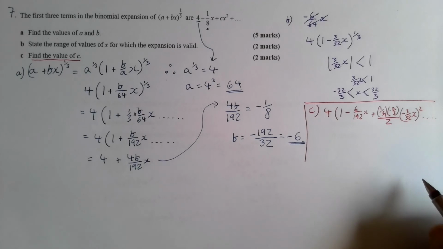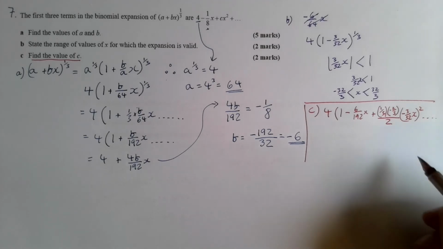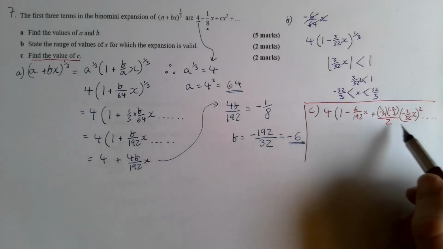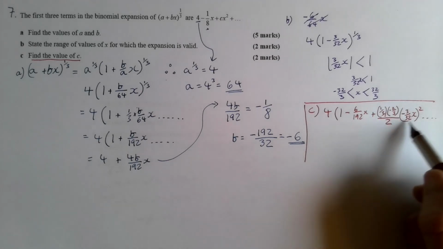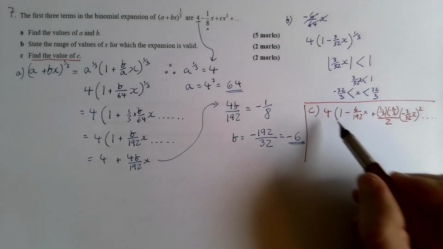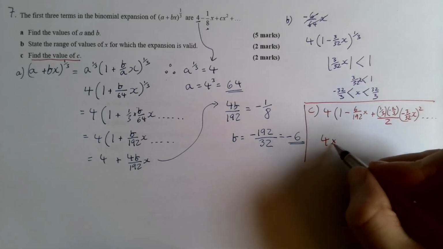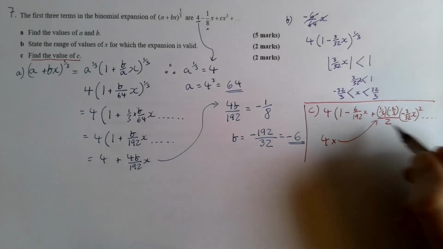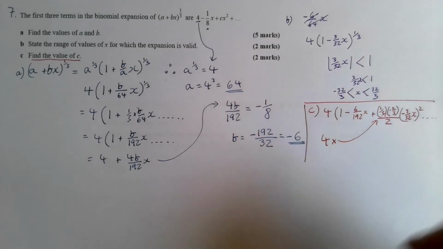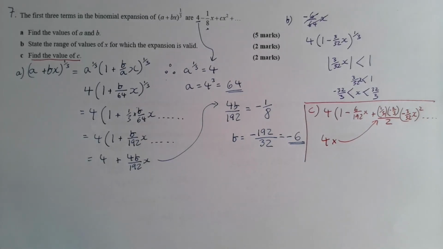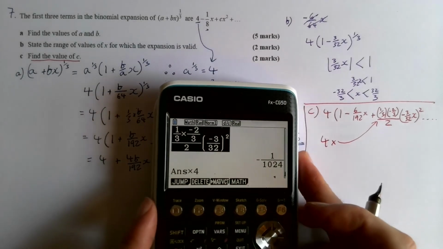So what we are now saying is we want to know what C is going to be when we expand all of this up, and then remember to multiply it by 4. So we are going to be doing 4 times all of that stuff, and you can stick it into your calculator in one go here, as I have done.